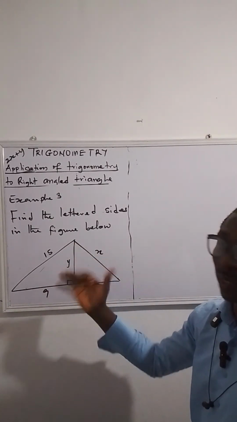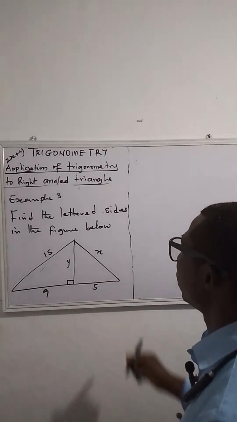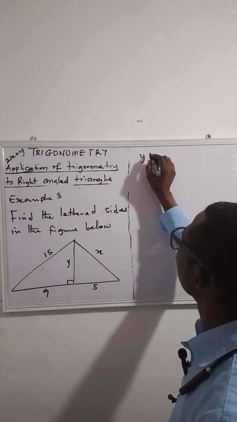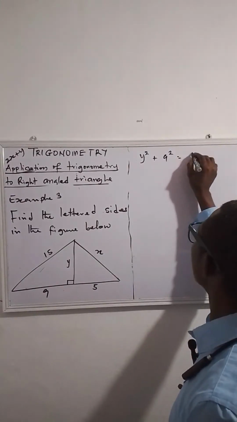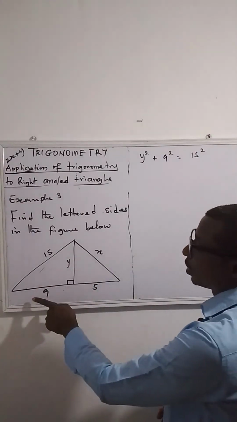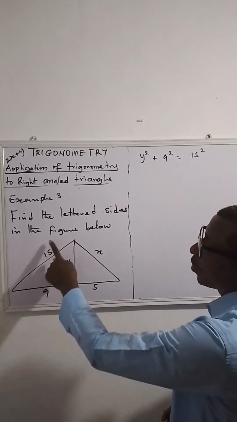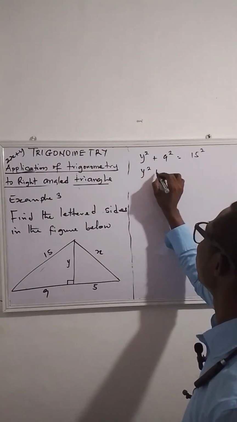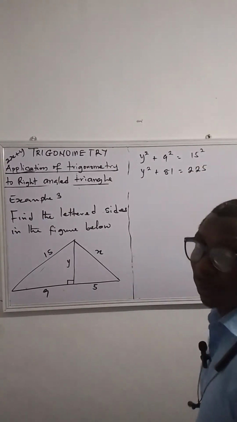Now let us use Pythagoras theorem to get the value of y. So we have y square plus 9 square equals 15 square. That is the square of the first side plus the square of the second side equals the square of hypotenuse. So this is going to be y square plus 81 equals 225.